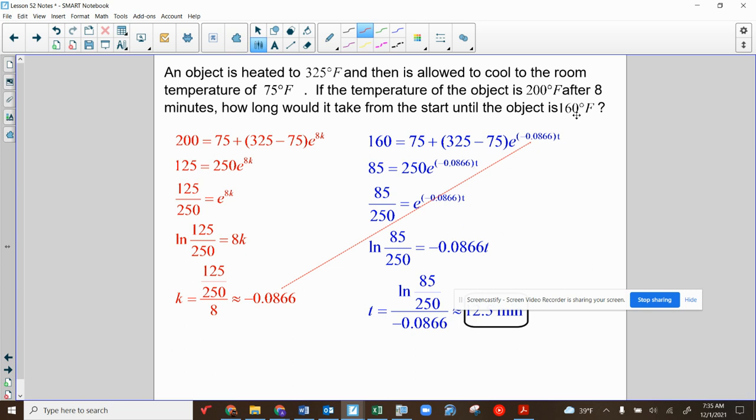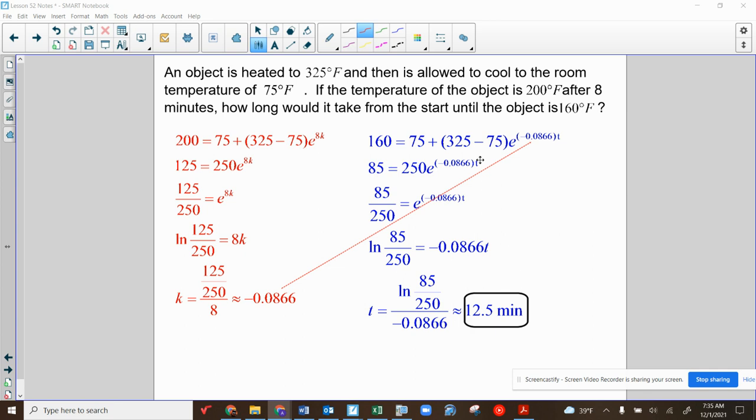The difference with this particular problem here is you're asked for the time, whereas in the previous problem you were given the time, but the solving of it is still going to be all of the logarithm type of things that we have learned here in the past. So I'm going to leave that one up here for you to take a look at, or you can hit pause if you need to take a look at that a little bit longer.